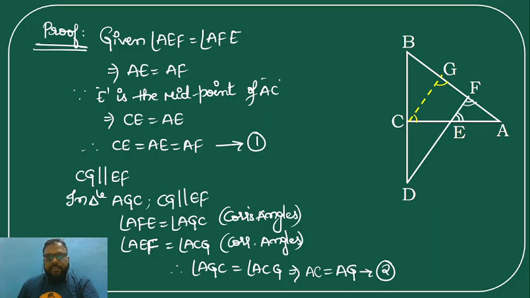Now when you have AC equal to AG, if you see the figure, AC I can write as CE plus AE. So I will get completely AC. Similarly, AG I can write as AF plus FG. I will get completely AG.